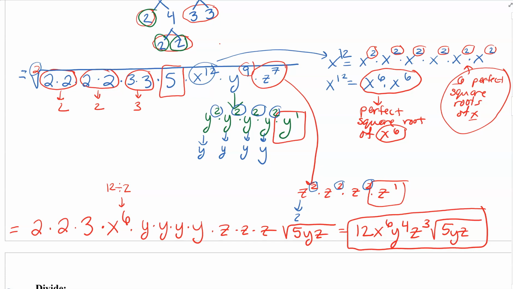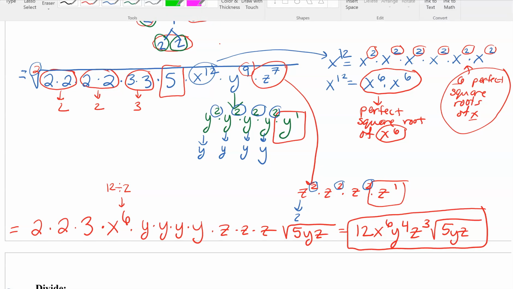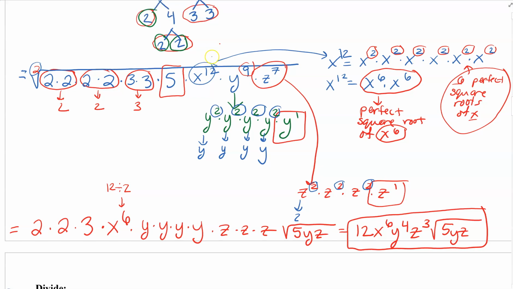Now, some of you might be wondering, do I need absolute value here? And the answer is no, because the only variable that would have potentially needed absolute value would be the x right here, because it had an even power under the even root, the even index.